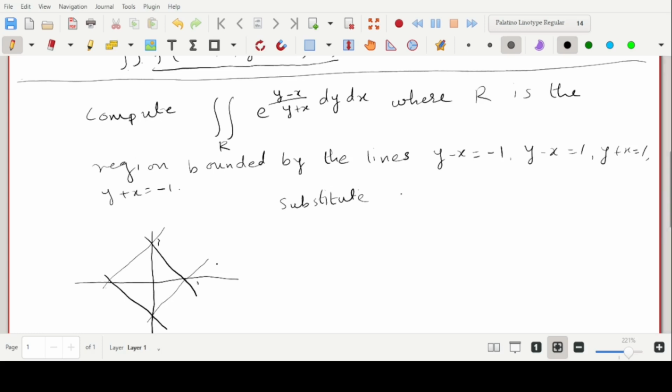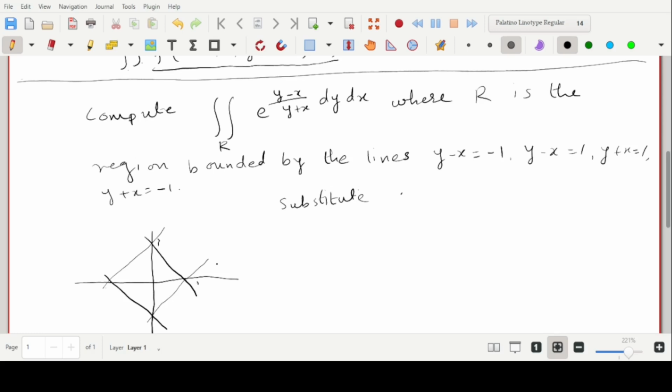Let's substitute. Here we want to write x and y both as functions of new variables u and v.